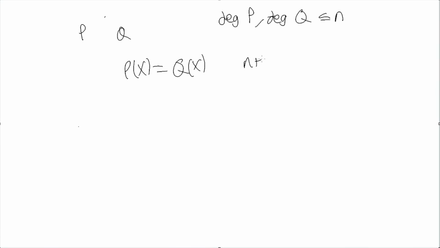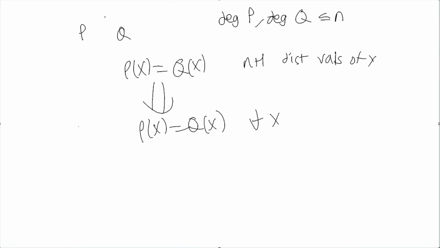Now we have a slightly less useful consequence of the fundamental theorem of algebra and the factor theorem. And it is that if p and q both have degree less than or equal to n, and if p of x equals q of x for n plus 1 distinct values of x, then that means that p of x equals q of x for all x.